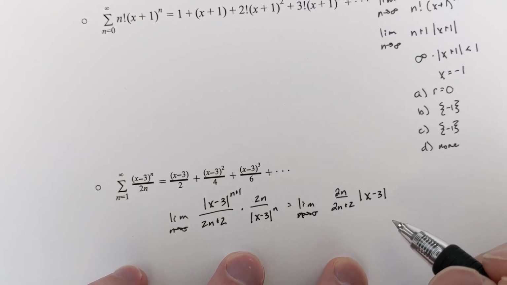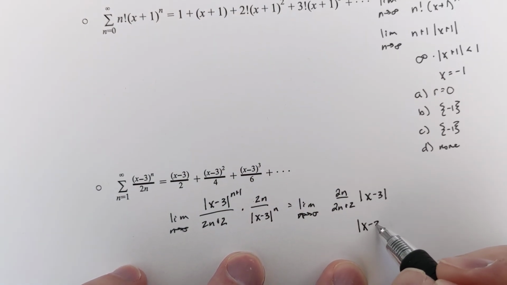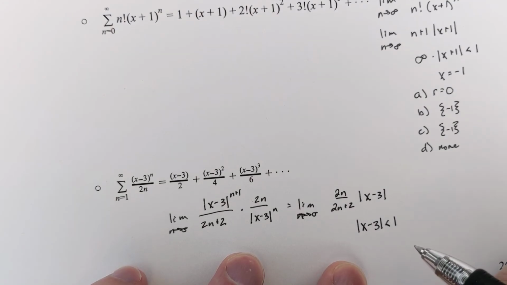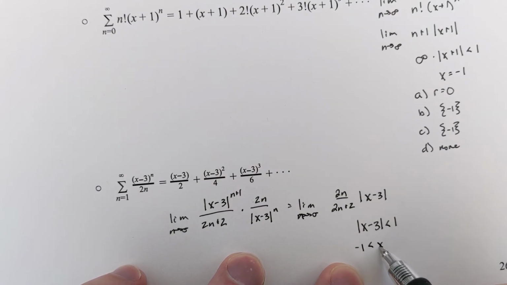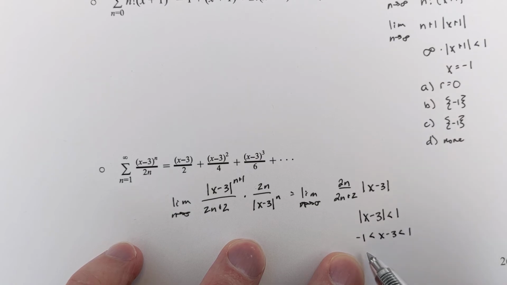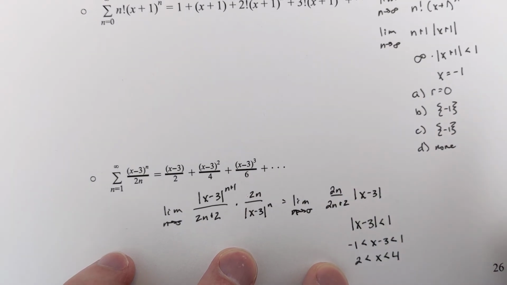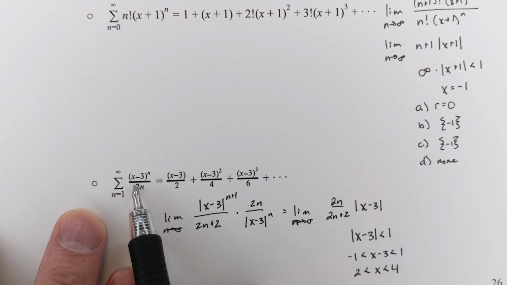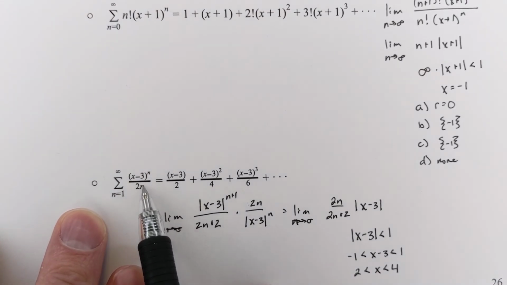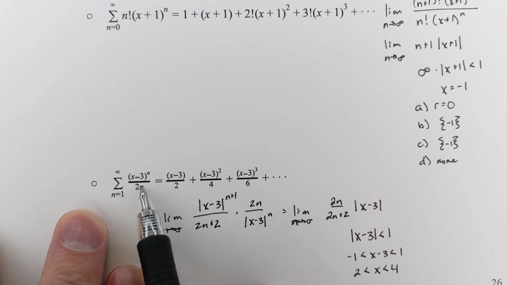So for it to converge, this must be true: -1 less than x minus 3 less than 1. So that would become 2 less than x less than 4, if I add the 3. Okay. So at x equals 2, if you plug 2 into my original equation, it becomes (-1)^n over 2^n, which would converge.